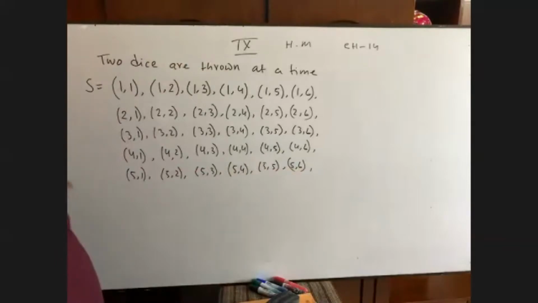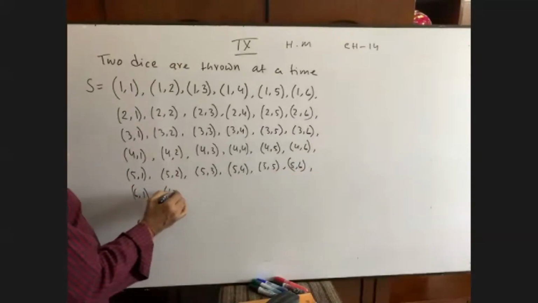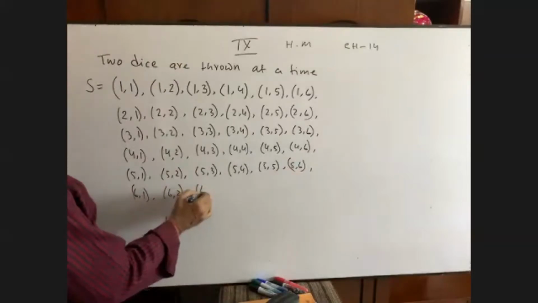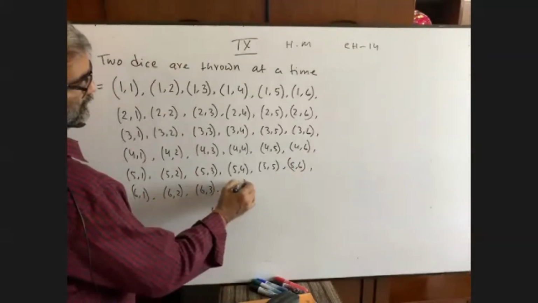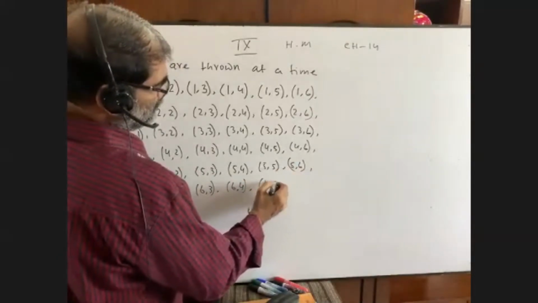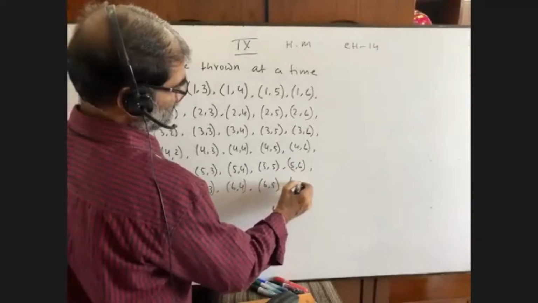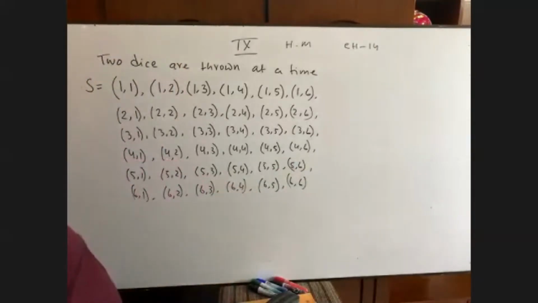Then for the last one, if the first person gets 6, the second person may get 1, 2, 3, 4, 5, 6. These are the sample points.